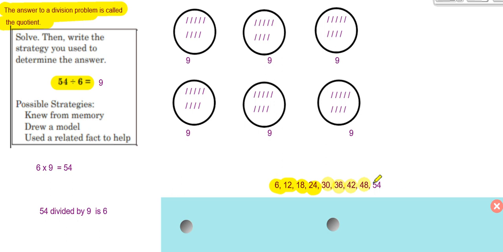And 6 times 9 is 54. Once again, we have 6 times 9 is 54, which means 54 divided by 9 equals 6.